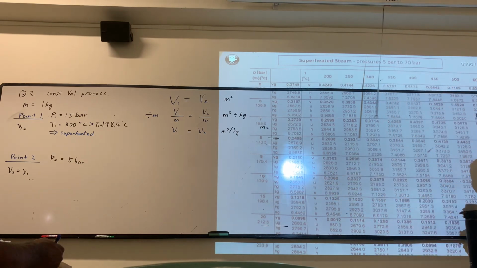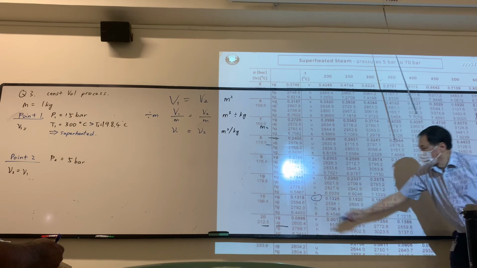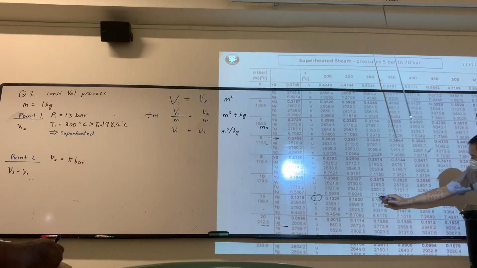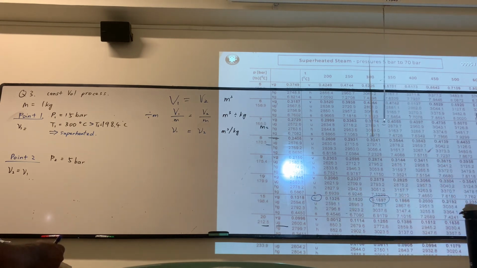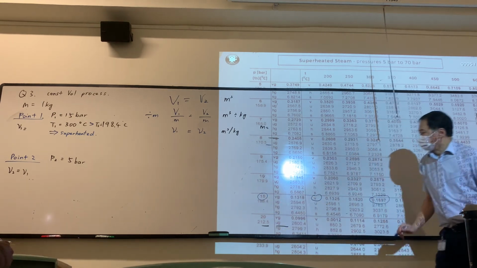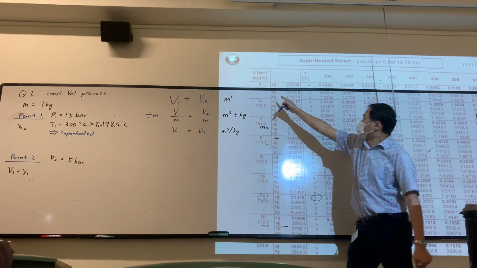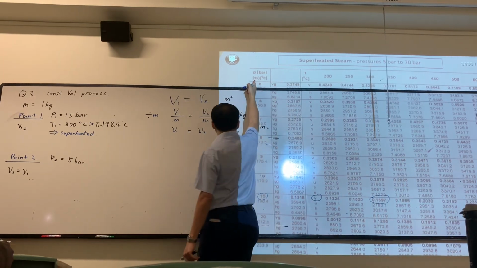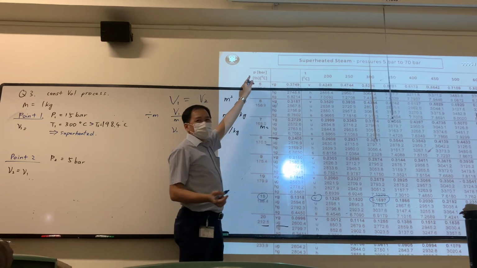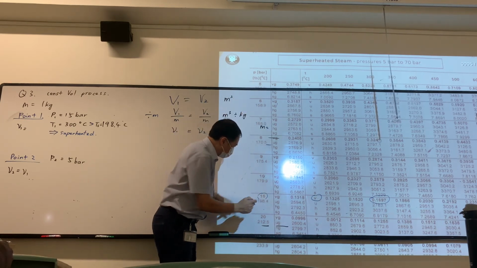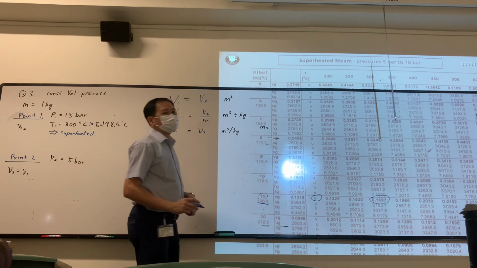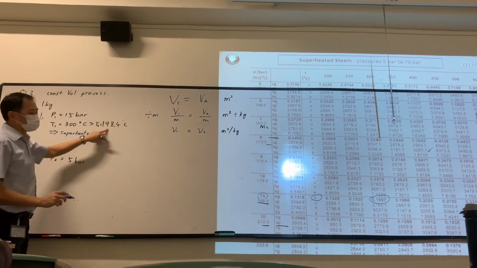Then look for V. This is the volume. Okay, 15 bar. Below 15 bar you can see this 198.4. So this is what? TS. Just to remind you, the saturated temperature is 198.4, which is this one.